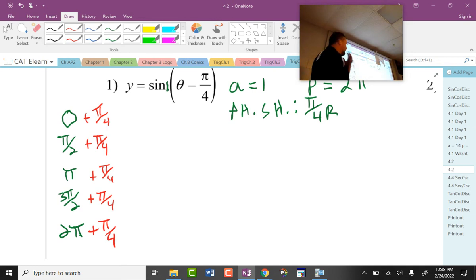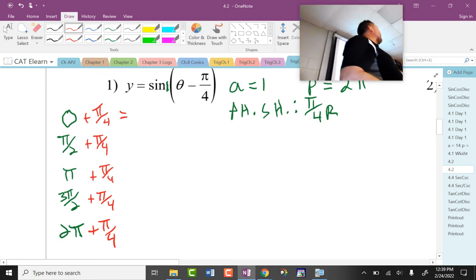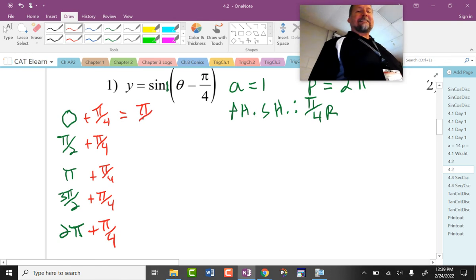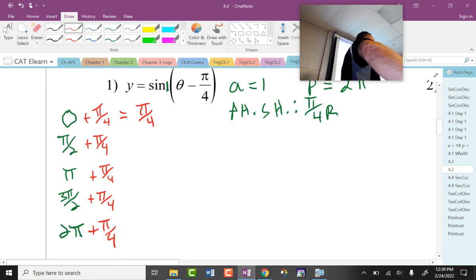Alexis, what is 0 plus pi over 4? Oh my goodness. What is 0 plus pi over 4? Okay, so the first one's easy. The next one, Alexis, get ready for the wrath of Samuelus. Because if anyone walks out of here and says, boy, this is really hard, you're admitting that you nearly failed 4th grade math. Because to add fractions, all you need is a common what? 3, 2, 1, go.